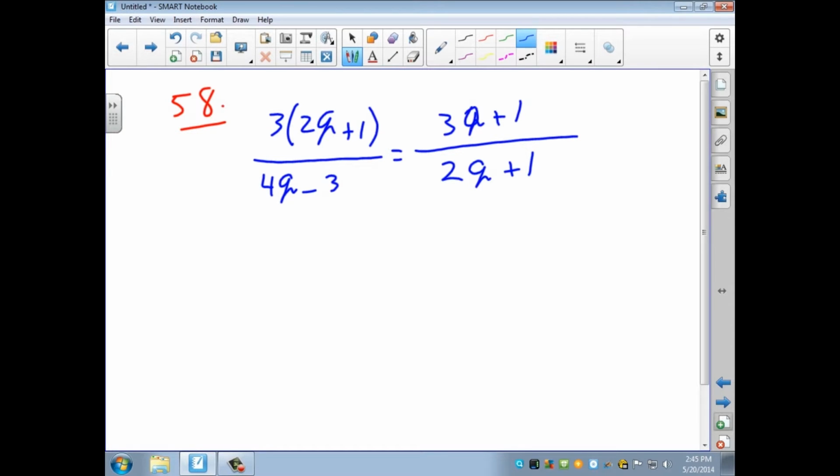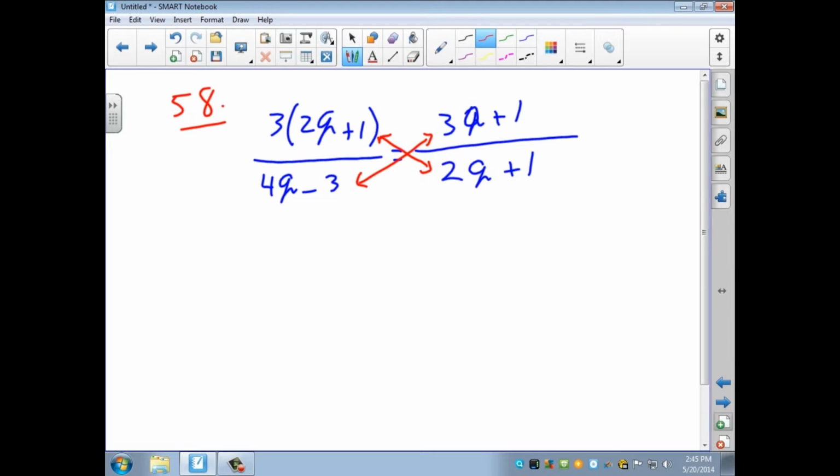When you have two rational expressions equal to each other, what you can do is multiply one numerator by the other denominator and set it equal to the other denominator multiplied by the other numerator.